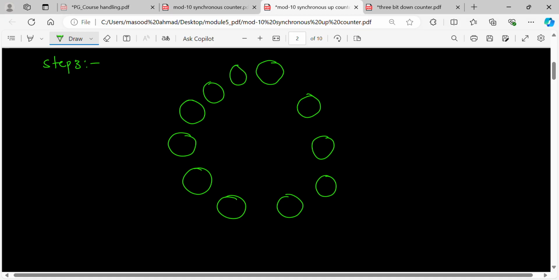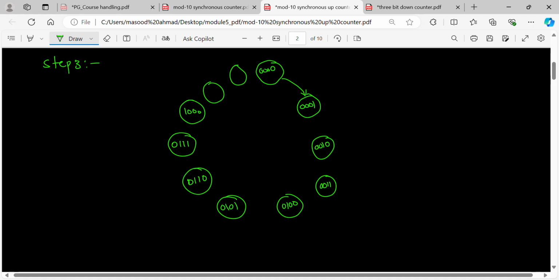In binary: 0, 0, 0, 0, then 0, 0, 0, 1, 0, 0, 1, 0, 0, 0, 1, 1, 0, 1, 0, 0, 0, 1, 0, 1, then 5, 6, 0, 1, 1, 0, 0, 1, 1, 1, 1, 0, 0, 0.